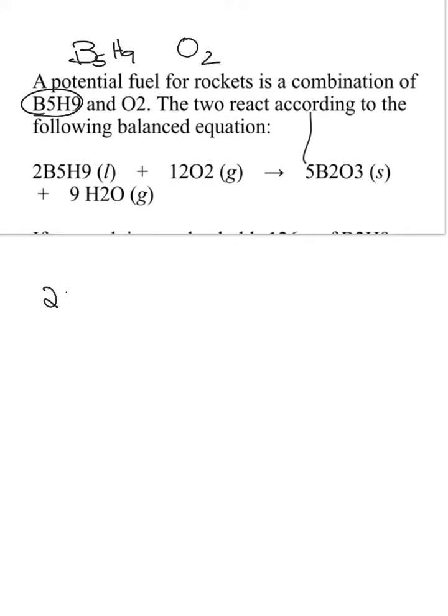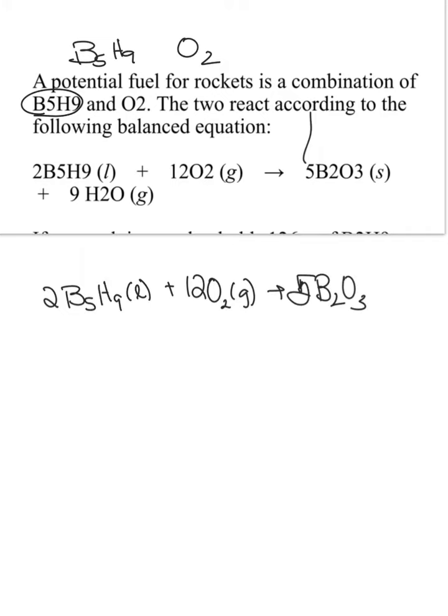Let's rewrite this balanced equation: 2 B5H9 liquid plus 12 oxygen gas yields 5 B2O3 plus 9 waters gas.